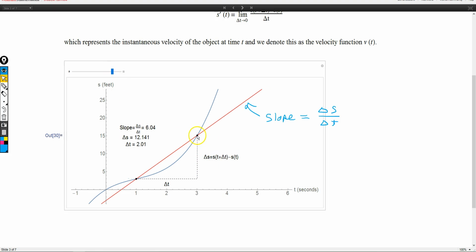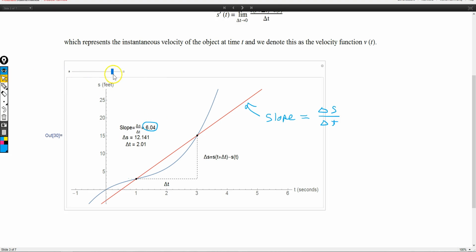For example, from time 1 to approximately time 3, the average velocity of our object would be about 6. I have units here of feet over seconds, so the average velocity would have units of feet per second, 6 feet per second.